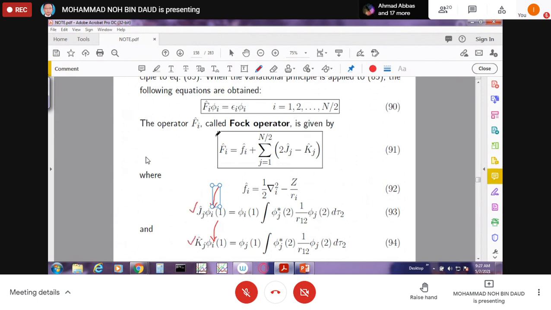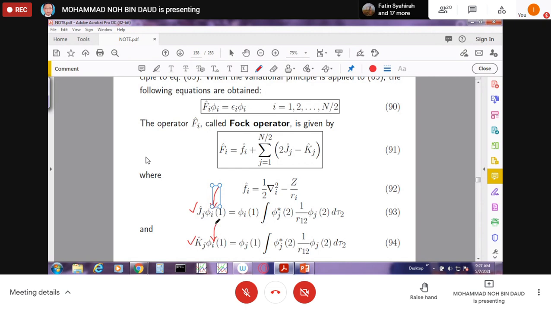So we can find the orbital energy for each of these guess orbitals, in this case the atomic orbitals, by initially using the orbitals that have already been designed.